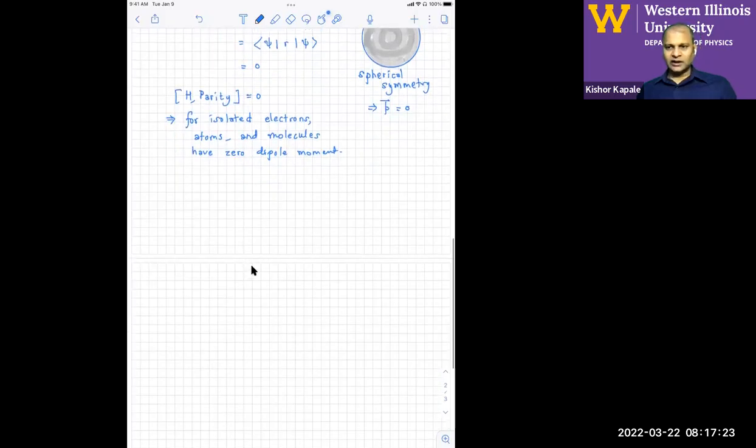Now we of course saw the case of water molecules, right? Water molecule is inherently polar, and so for that, P is not equal to zero. And so where does that contribution come from? So we need to take a look at the case of a water molecule carefully.